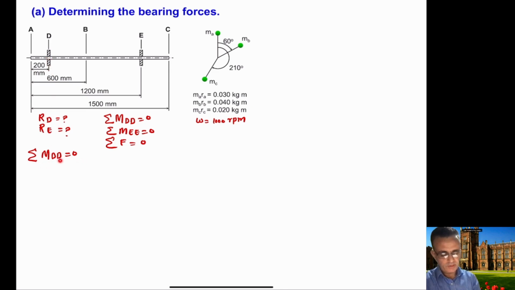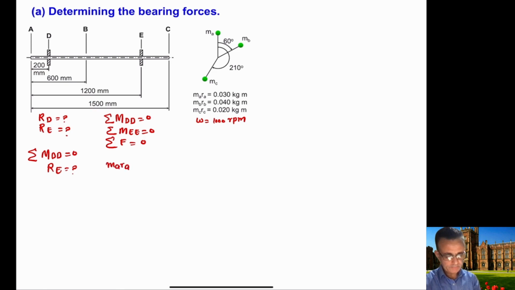If we draw the moment diagram, this should provide you with the RE here. From this we will calculate RE, and then we will calculate RD from the force polygon. Again, we are doing everything for omega square equal to 1.